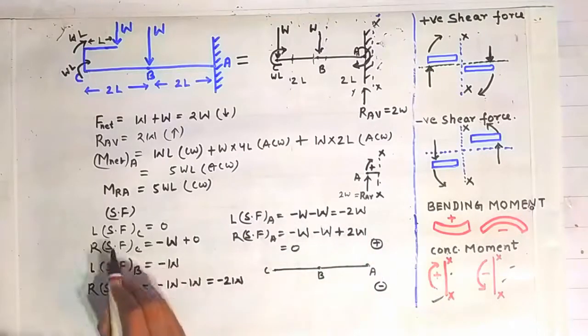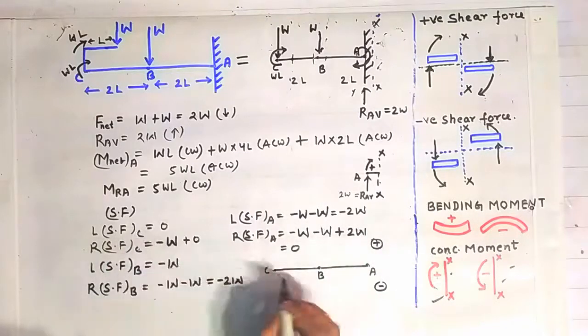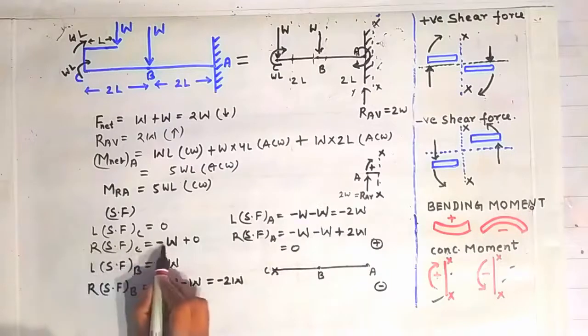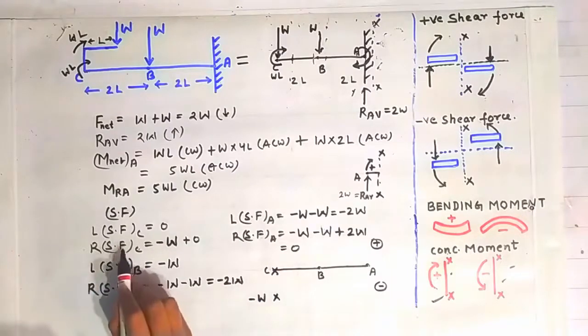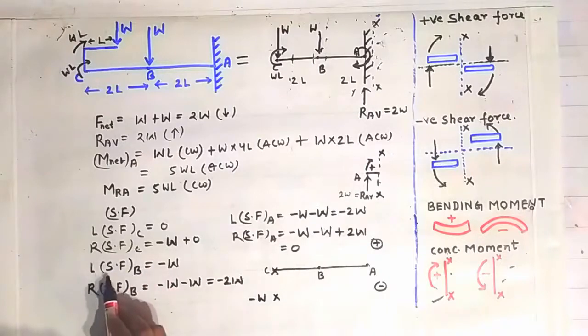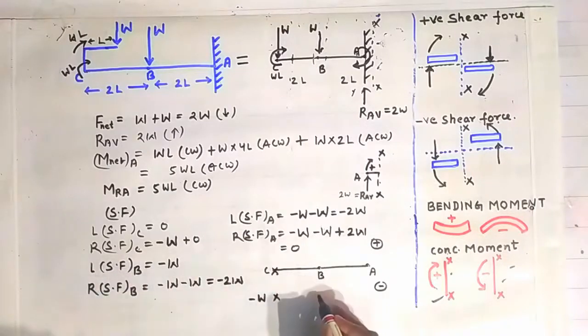So at the point C on the LHS, the shear force is 0. It is going to minus W, here minus W on the right side of the point C, and it is minus W on the left side of the point B.